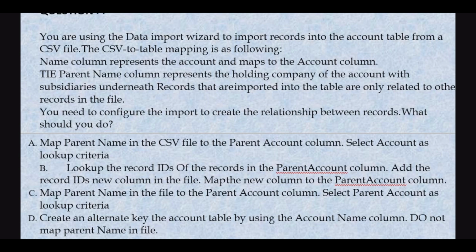Option C, map parent name in the file to the parent account column. Select parent account as the lookup criteria. Option D, create an alternate key on the account table by using the account name column. Do not map parent name in the file. Correct answer is option B.